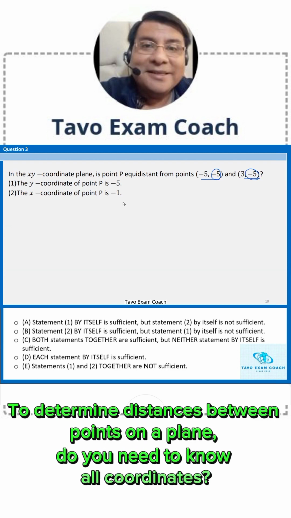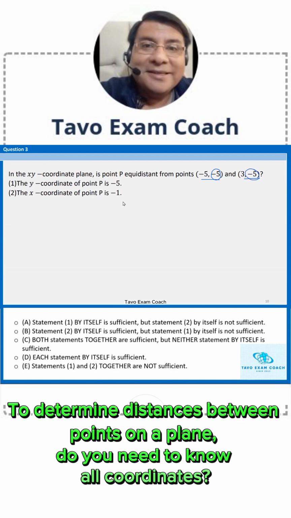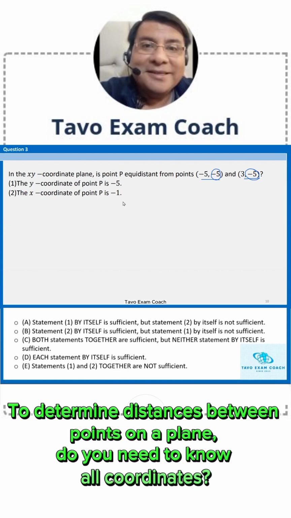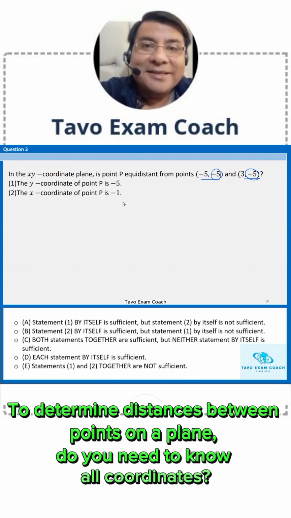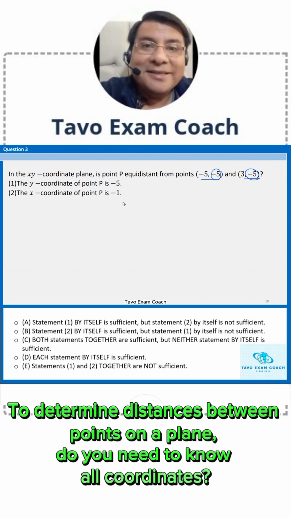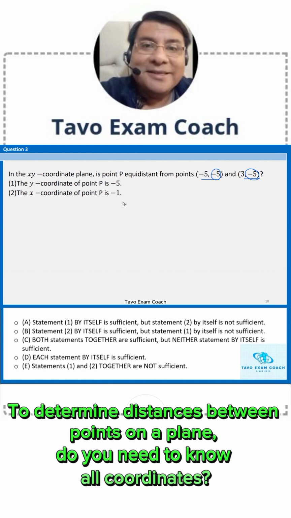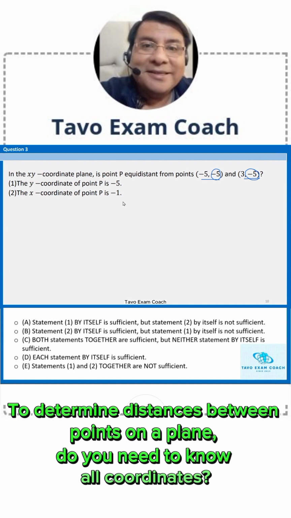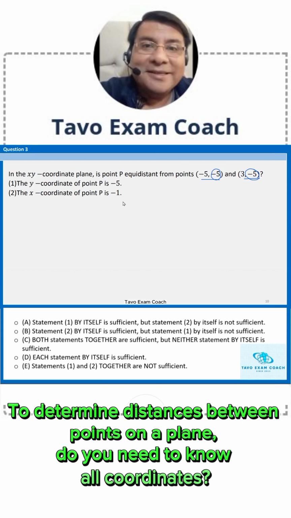So the fact that they are symmetrical in their vertical position means that the vertical position of P doesn't determine at all whether point P is equidistant from the 2 points. Only the horizontal position will make that clear.